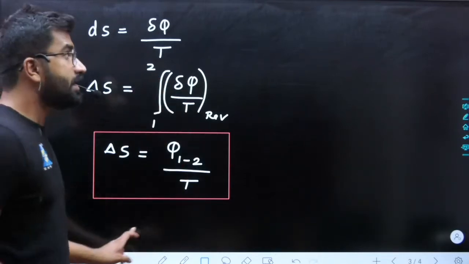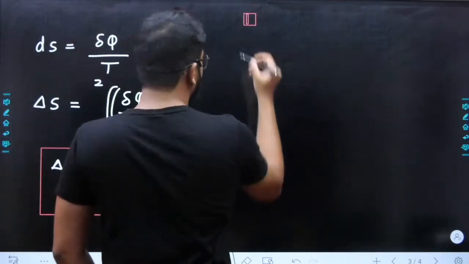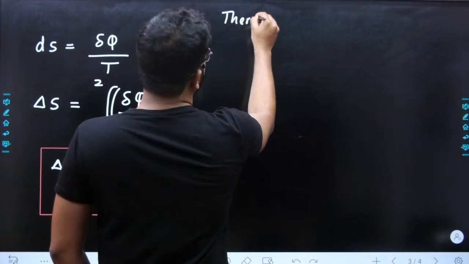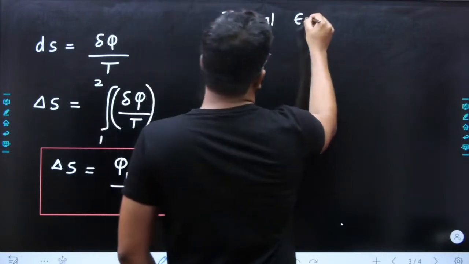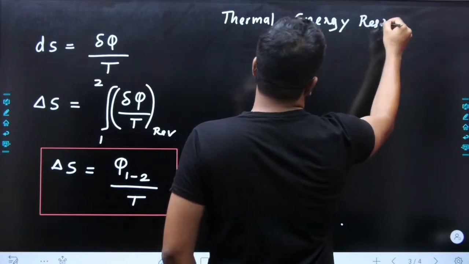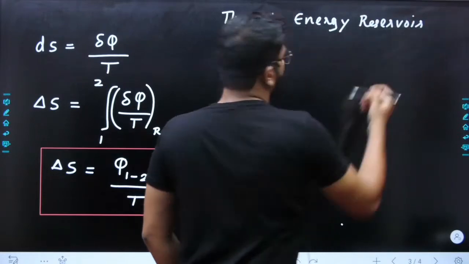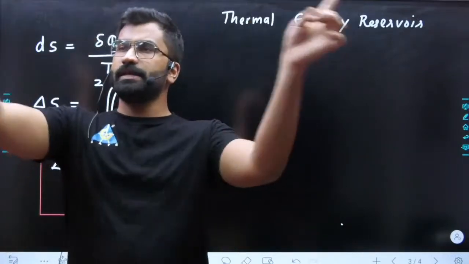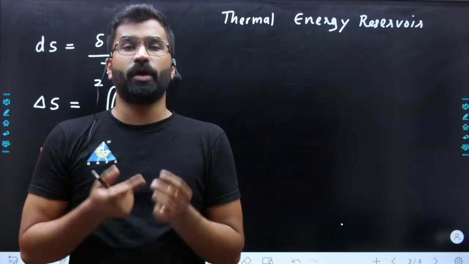Same way, when you have thermal energy reservoirs. What is the meaning of thermal energy reservoirs? If you are dealing with a heat engine, source, sink, etc. This room is a thermal energy reservoir. Why?